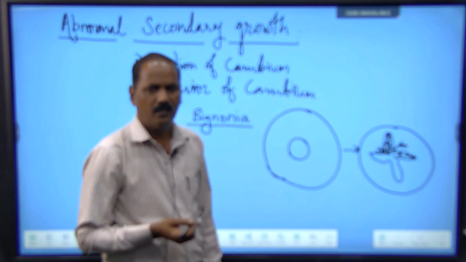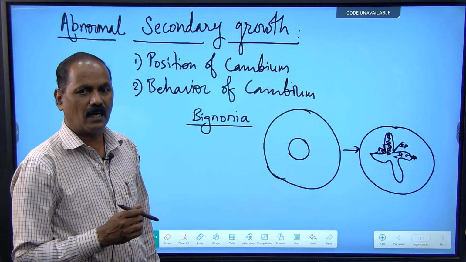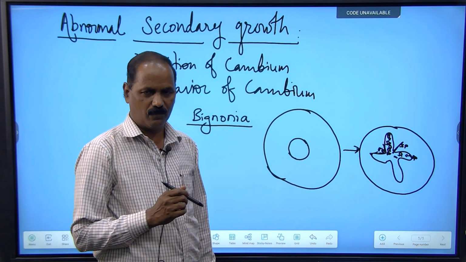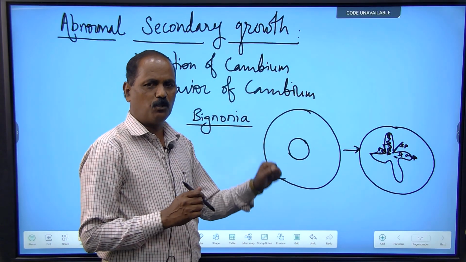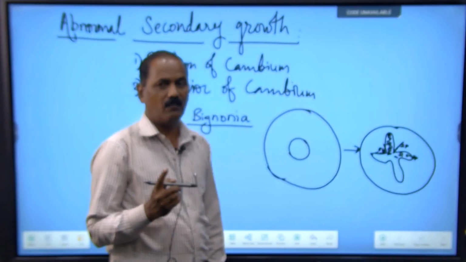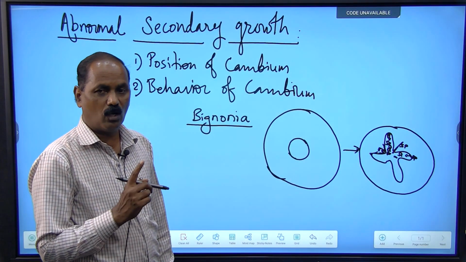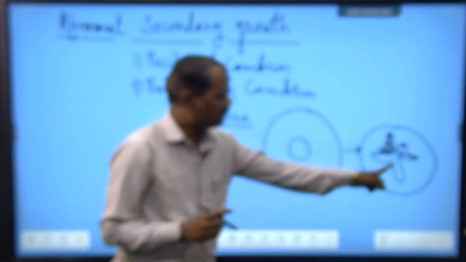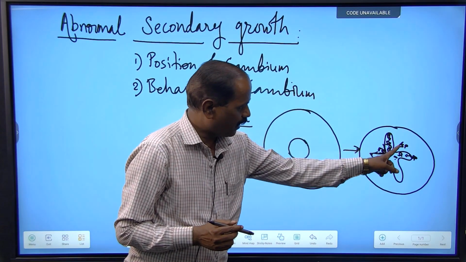So it is very clear that the cambium decides whether the secondary growth is normal or abnormal. Even in this example, where the cambium has its normal position but is not behaving normally, it has to produce maximum secondary xylem always, but at these places the cambium behaves abnormally.